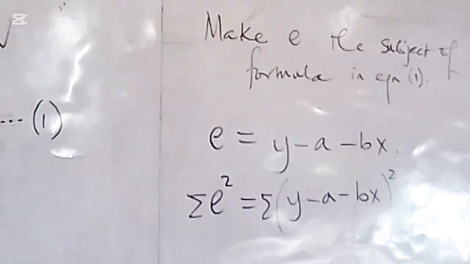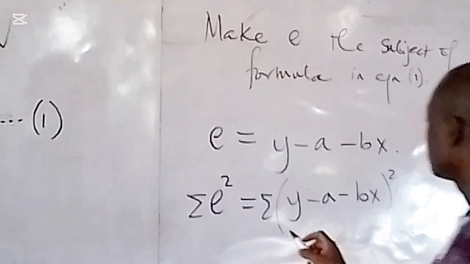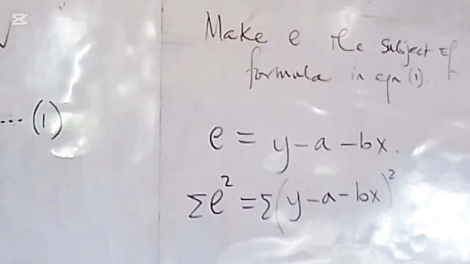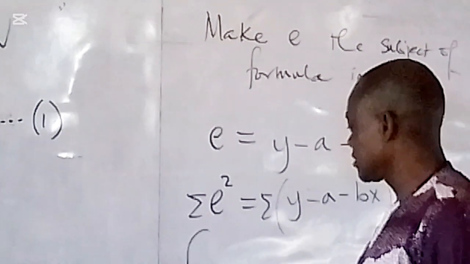The next step in trying to find the estimate of the regression model by the method of least squares is to find the partial derivative of that error sum of squares with respect to the intercept, and next with respect to what? The slope.